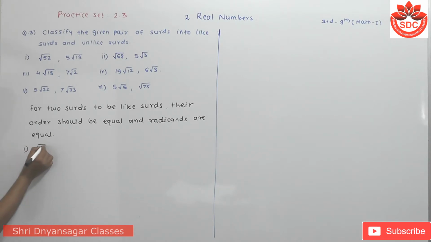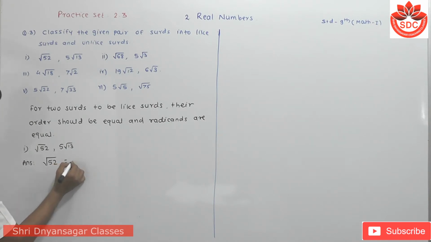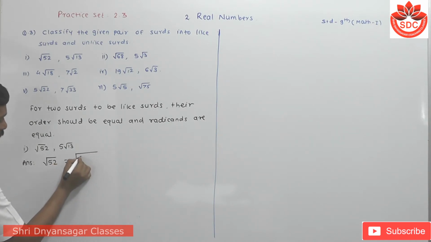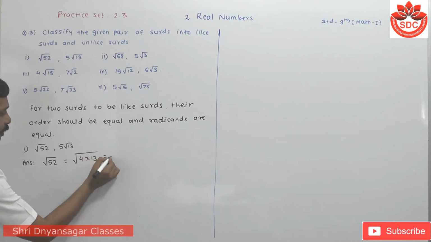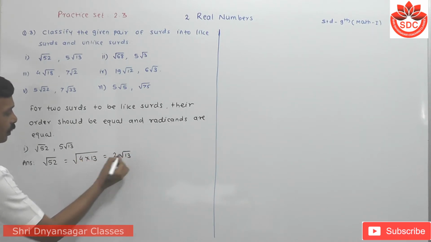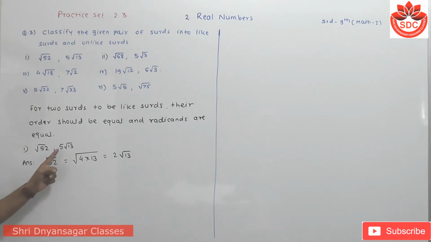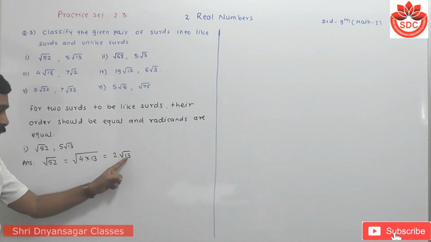First one is root of 52 and 5 root of 13. Now the answer of this one is, first I have taken root of 52. Student, for this root of 52, I have to factorize: 52 is 4 into 13. Then it becomes 2 root of 13. So observe carefully. The next is 5 root of 13 and 2 root of 13.